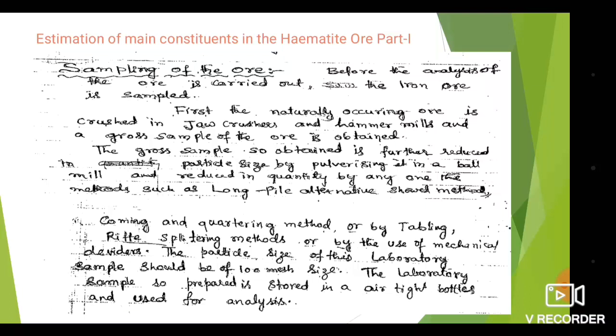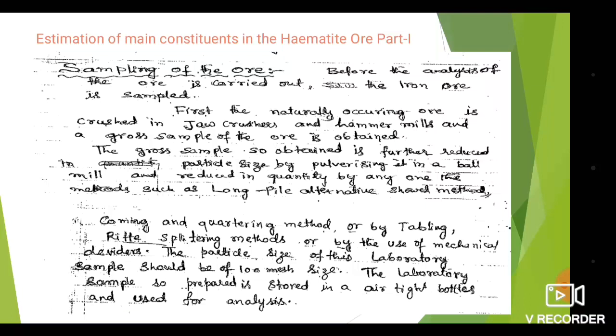By crushing or milling we make the particle size smaller. Another method is the coning and quartering method, which we have already learned in the first year, in the principles of semi-micro qualitative analysis.